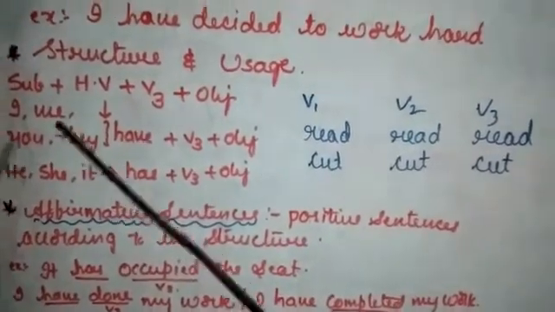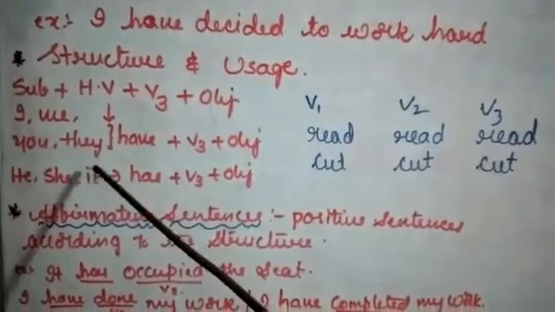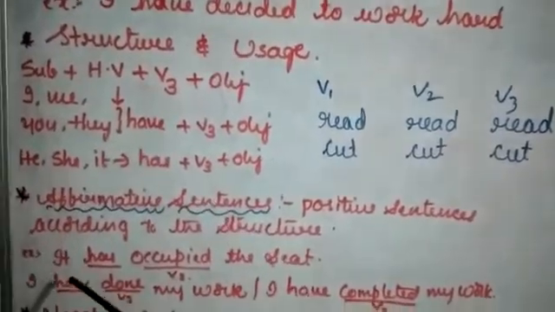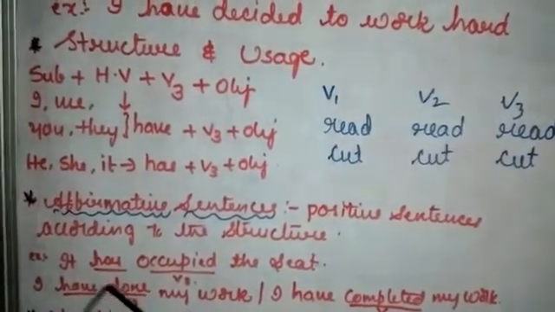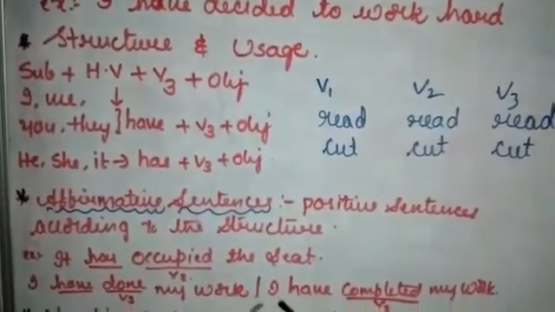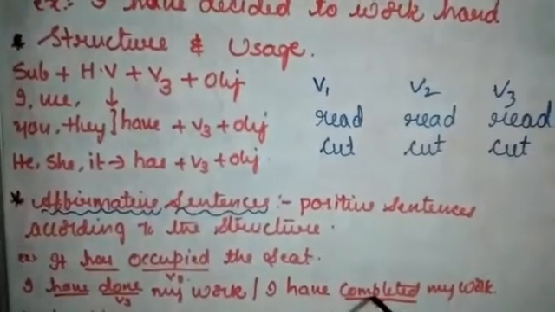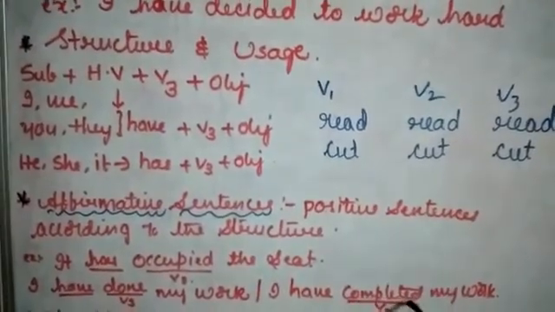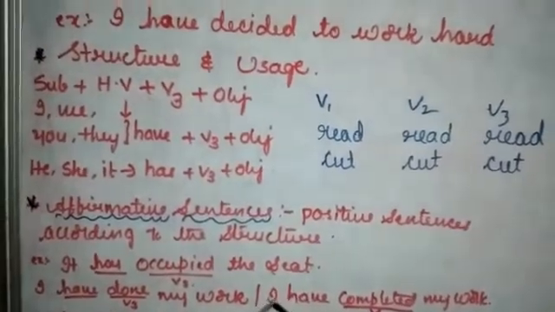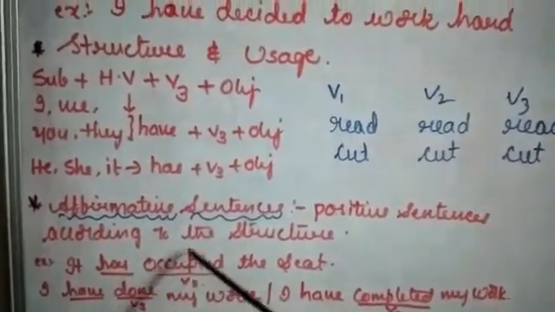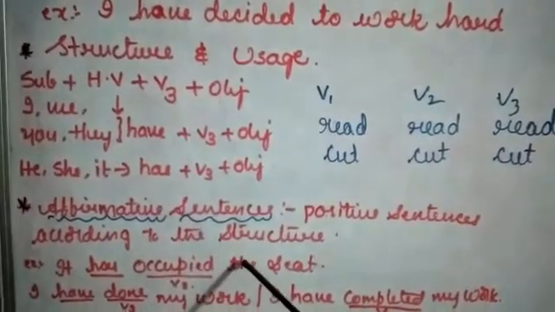See, I, we, you, they take the helping verb have. I have. Do, did, done. V3 is done. I have done my work. Or I have completed my work. Completed is V3. I have, the helping verb have comes with the subject I. These are affirmative sentences in present perfect tense.